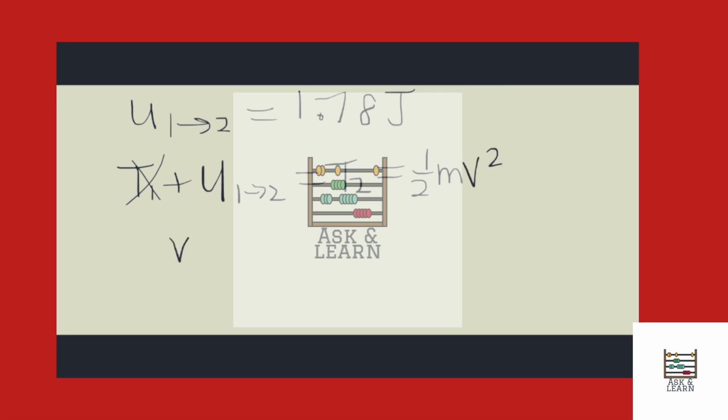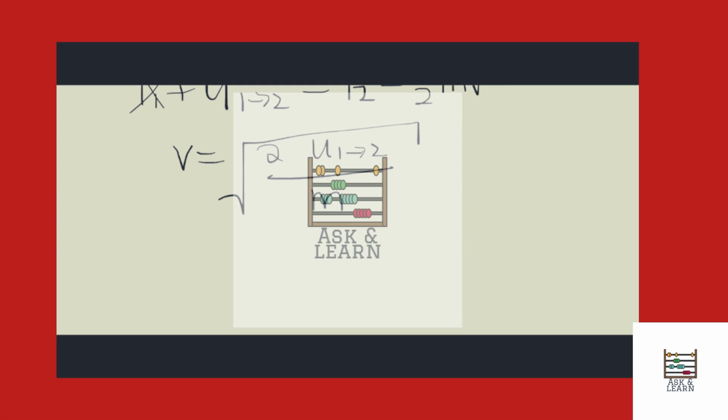Solving for v, we get the square root of 2 times U1 to 2 all over the mass, and our final answer is 0.59 meters per second.